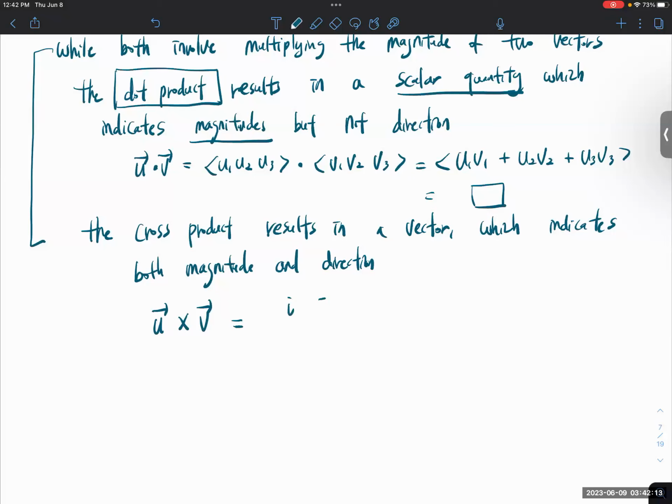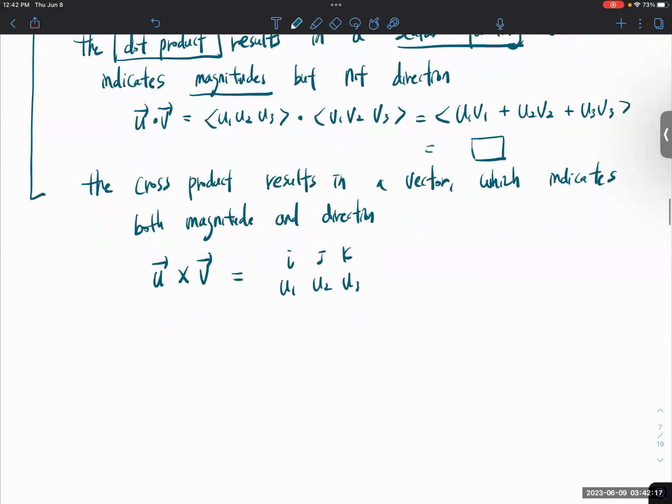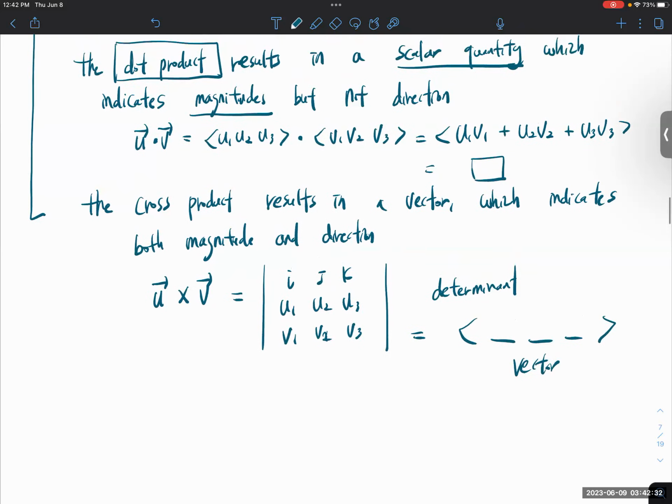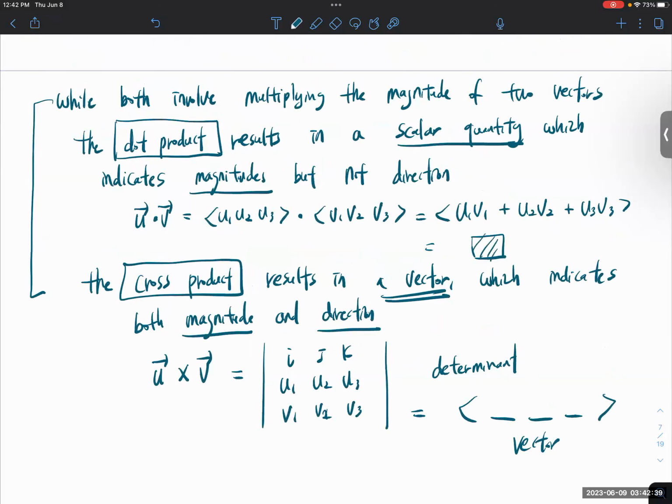We have i, j, k, and u1, u2, u3, v1, v2, v3. By using the determinant, you get three different components because this is a vector. So with the cross product you get magnitude and direction because it is a vector. With the dot product you get just a number. That was the different concept we learned in chapter 2.